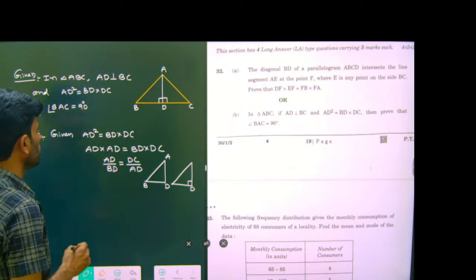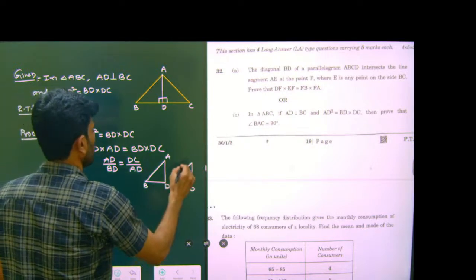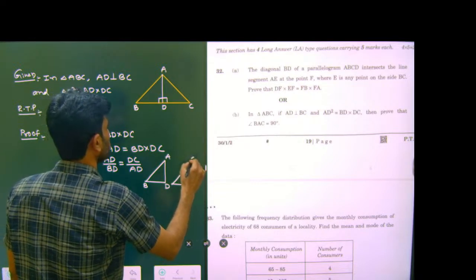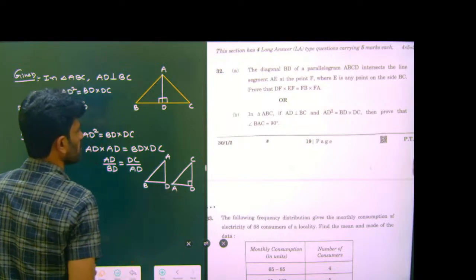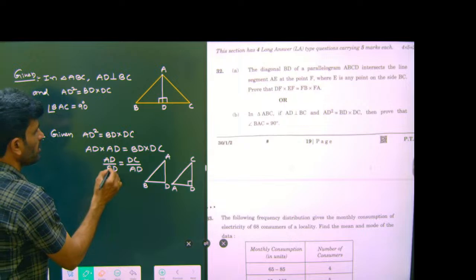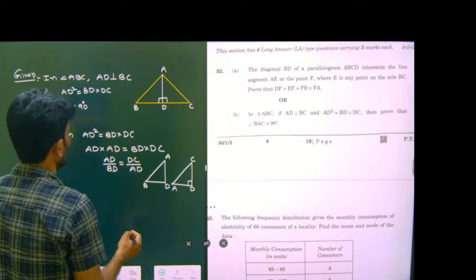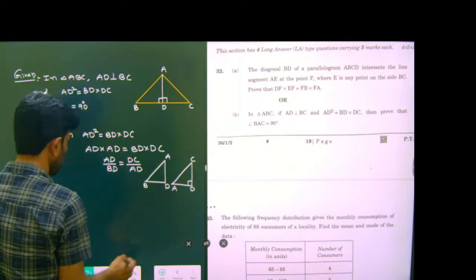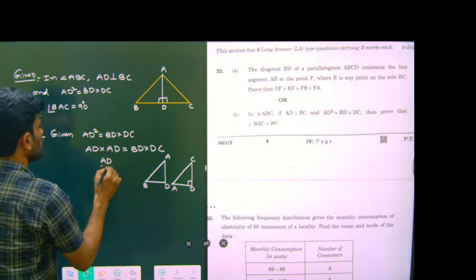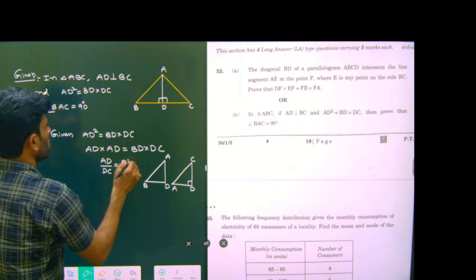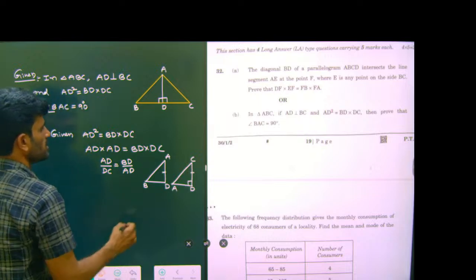AD is corresponding to BD means in the place of A, what should we have here? In ADC, here we should have C, because A is corresponding to C, and here we should have A. Let us write like this to understand better: AD by DC is equal to BD by AD.